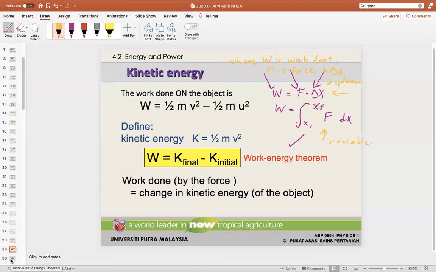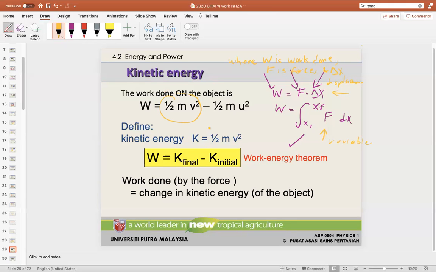The work energy theorem is only the formula in yellow box, right? Yes. But it's better for you to put it like this: 1 over 2 mv squared minus 1 over 2 mu squared. So finally, we must write the formula in yellow box.